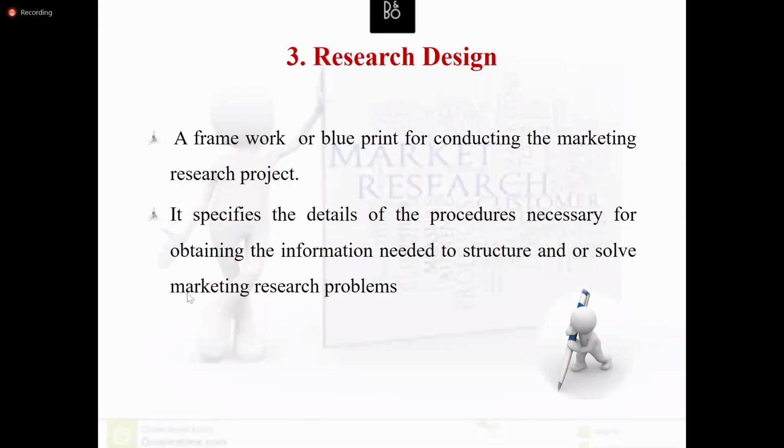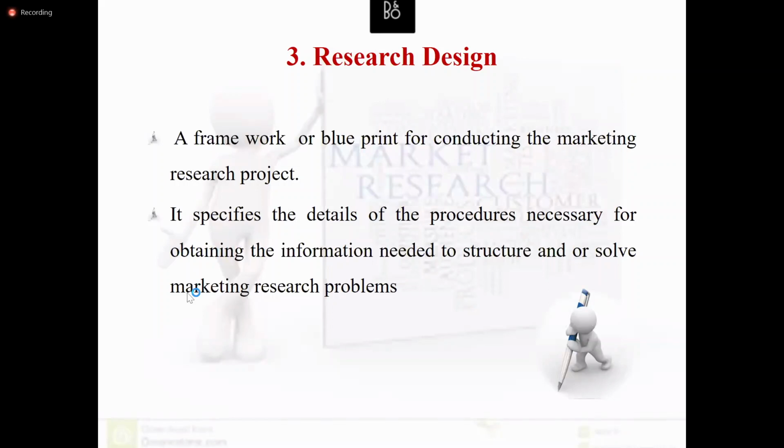The study population as a whole we won't take into consideration because it is very expensive and very difficult for us to approach all of the study population. So instead of that, we take a sample. How we are going to select the sample, everything is going to be given in the research design.